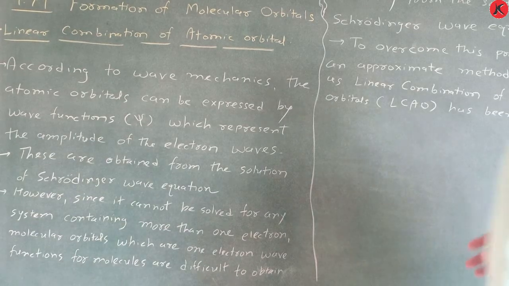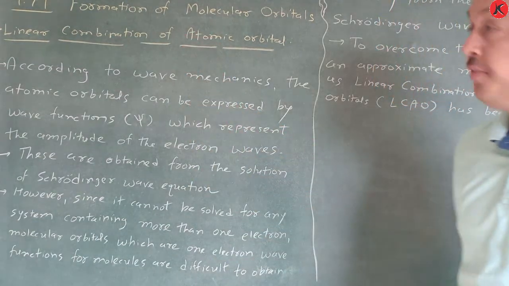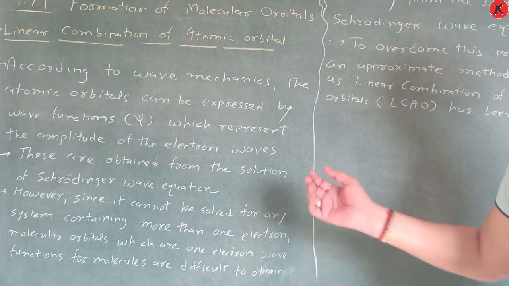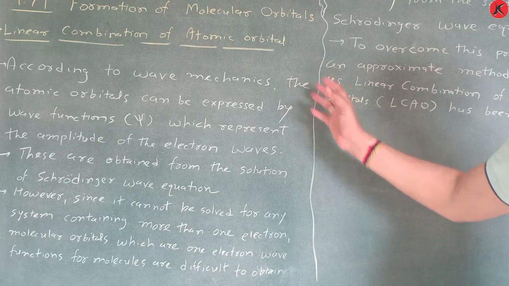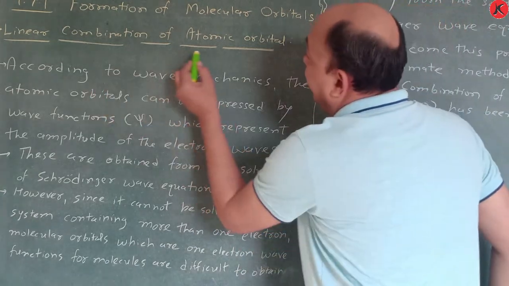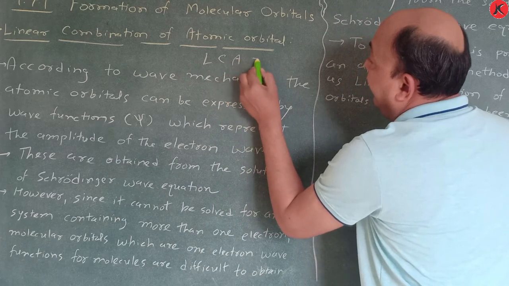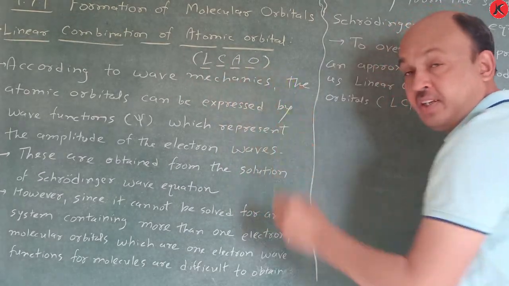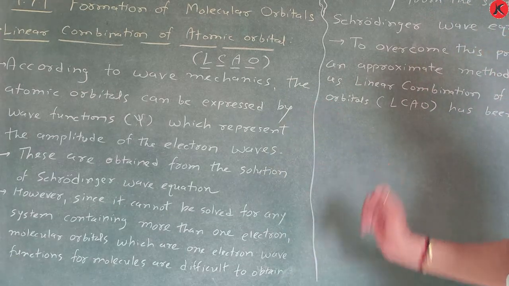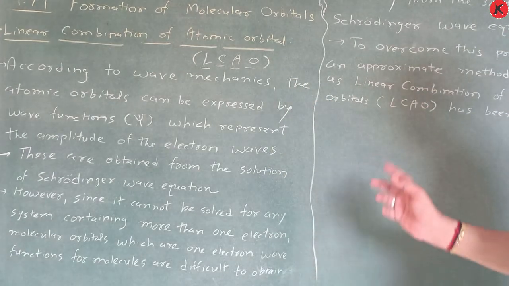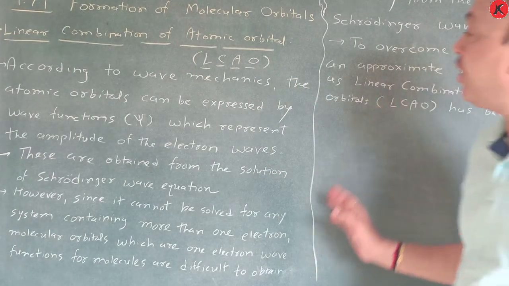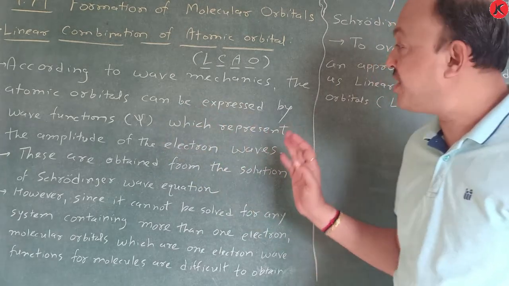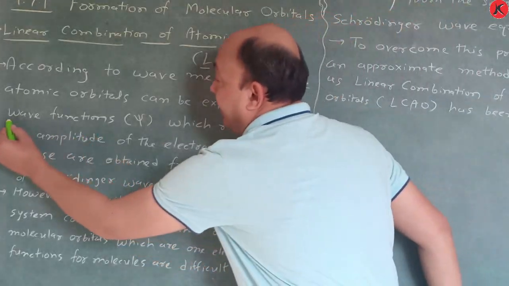Okay, now here 4.7.1, formation of molecular orbitals, linear combination of atomic orbitals, and this is nothing but LCAO, linear combination of atomic orbitals. This is a very easy topic. Once again, according to wave mechanics, the atomic orbitals can be expressed by the wave function psi.